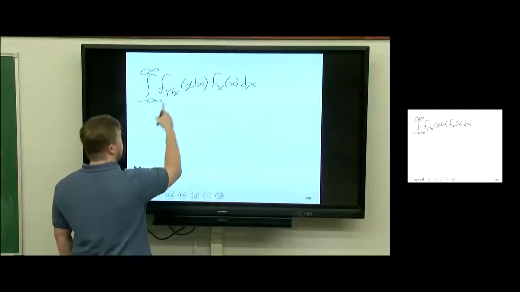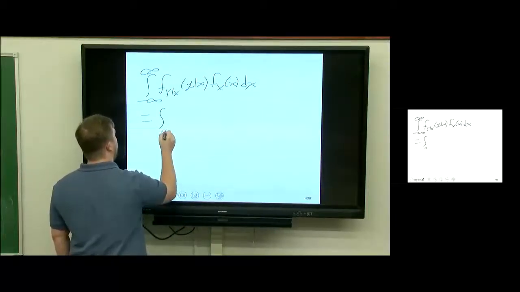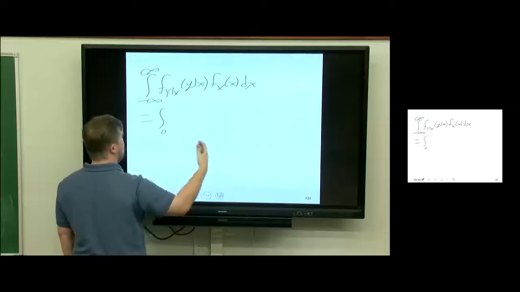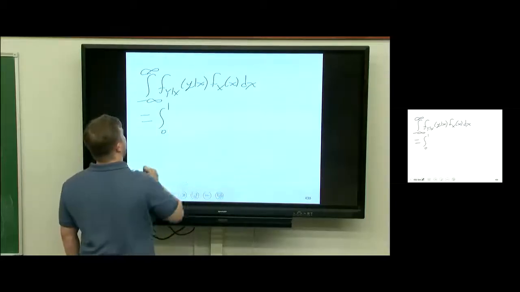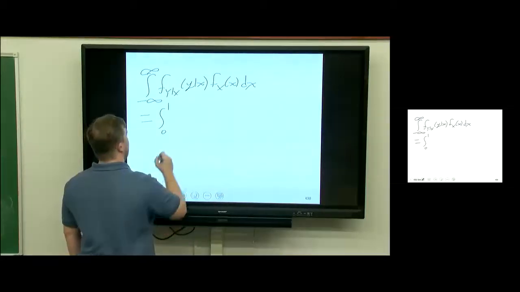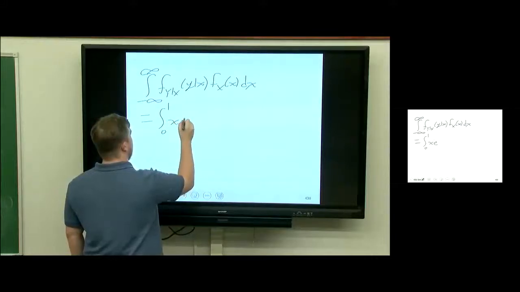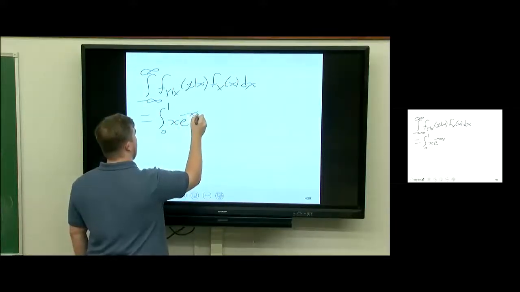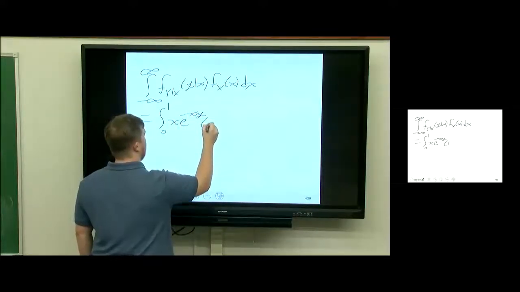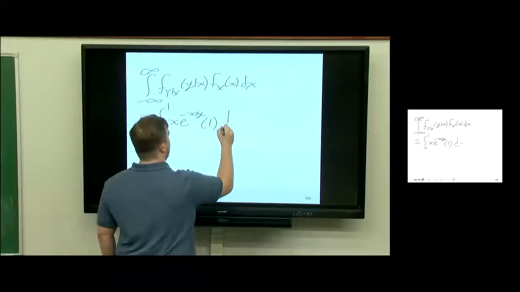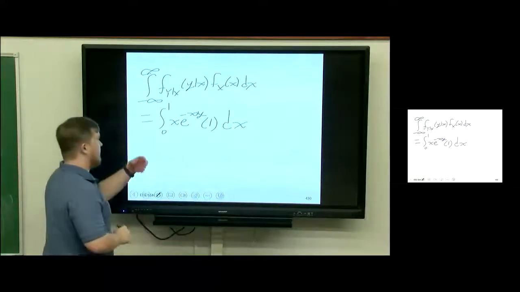We know what this is, so we can simplify. And we know the range of x is from 0 to 1. So that simplifies things as well. So we have x e to the minus xy times 1 dx.